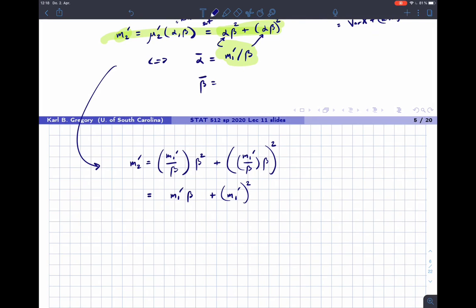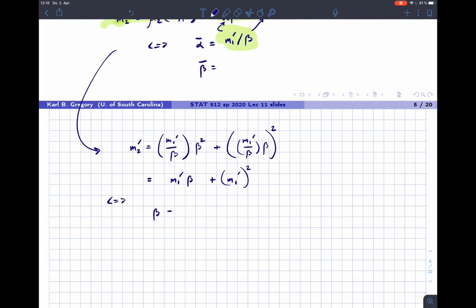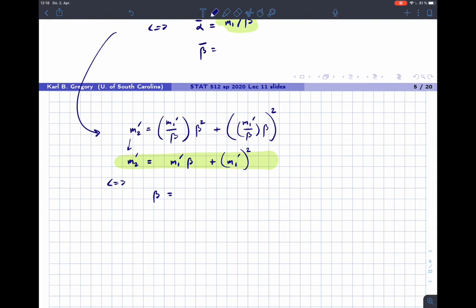So now I can finish solving this one for beta. Let me just carry this down. I can rearrange to get M2 prime minus the square of M1 prime, over M1 prime. I'm going to call that my beta bar.